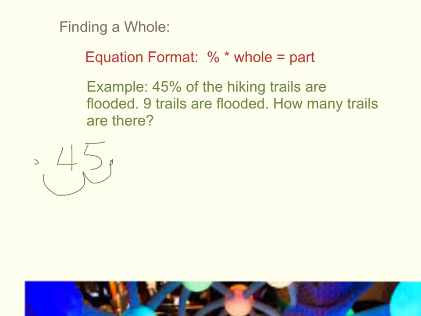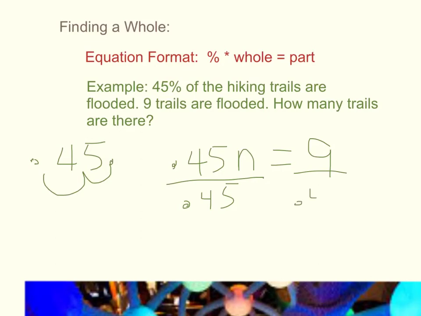When I move it 2 places to the left, I get 45 hundredths. Therefore, I'm going to have 45 hundredths times n, because I don't know what my whole is, that's what I'm looking for, equals 9. To find out how many trails there are, I simply need to divide both sides of my equation by 45 hundredths.